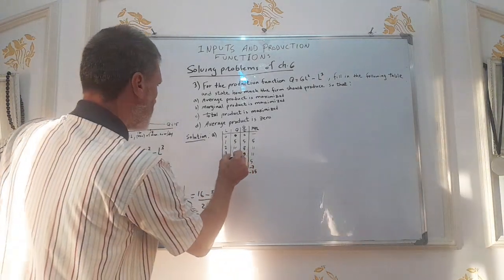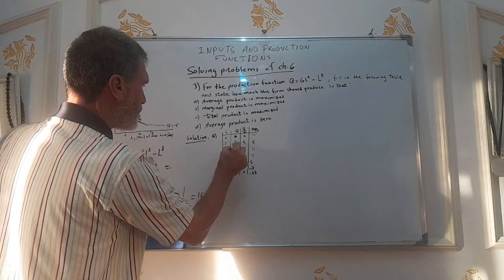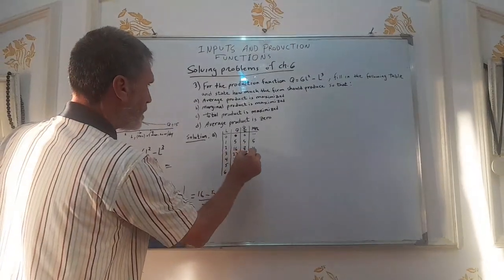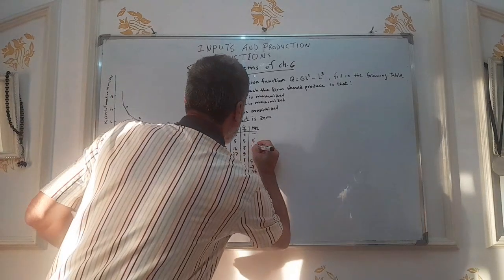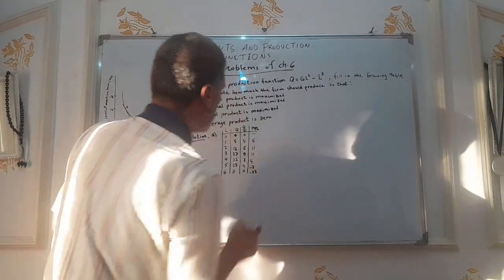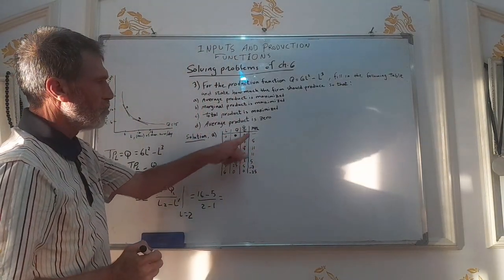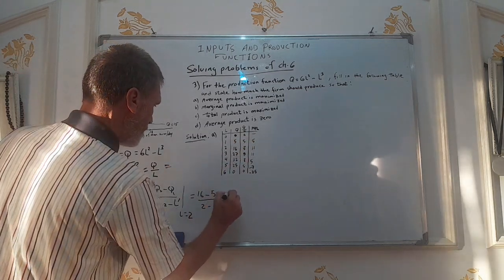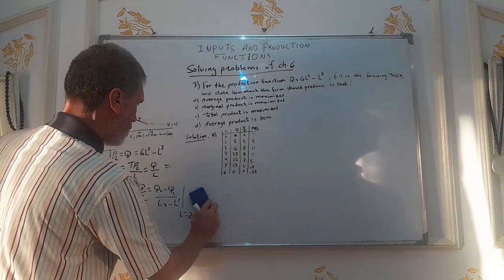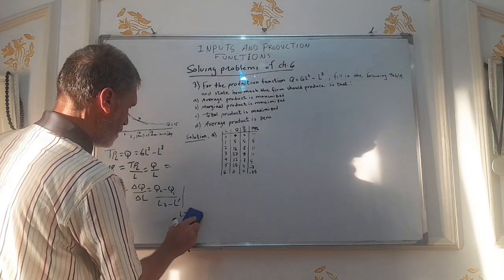So here we get 16 minus 5 over 2 minus 1, we get 11. Now I should be looking at marginal product of labor. Now the same thing when L equals 3.